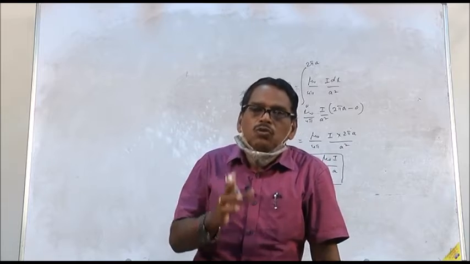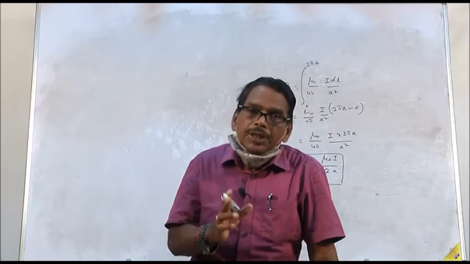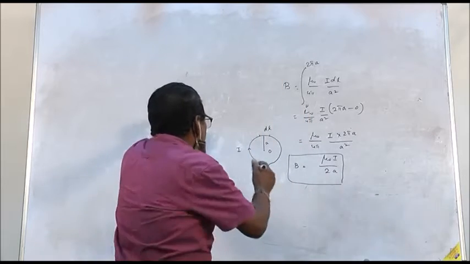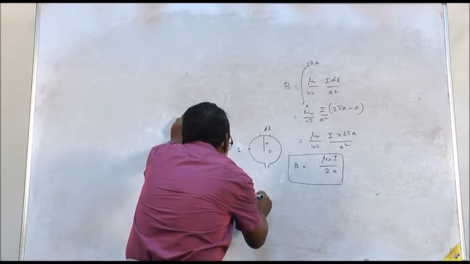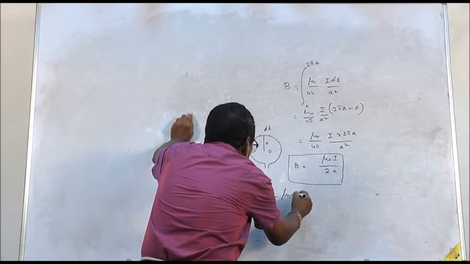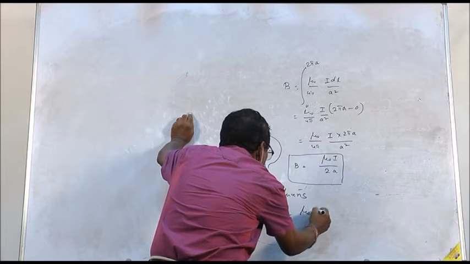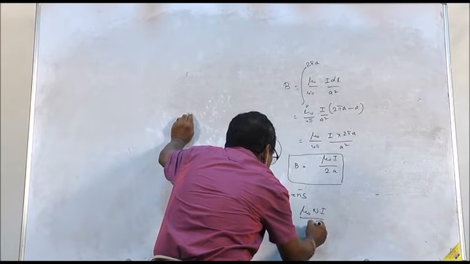So, we have considered only one turn of the coil. Suppose there are n turns in the coil, in that case B is equal to mu 0 n I by 2A.